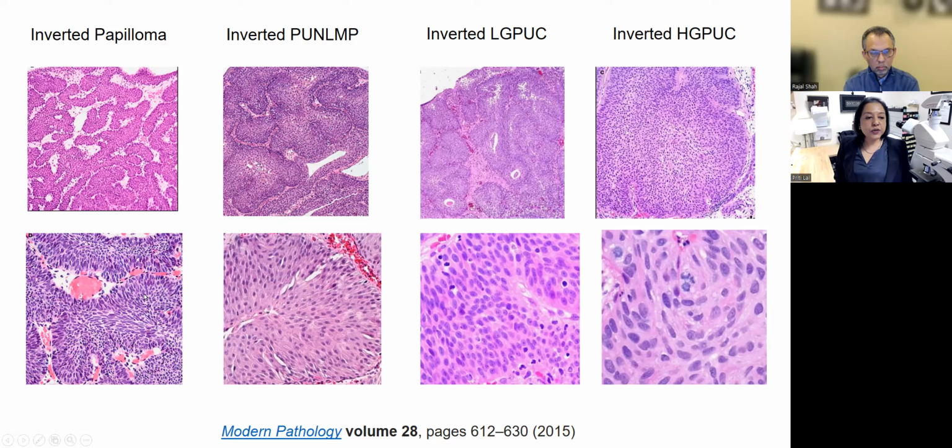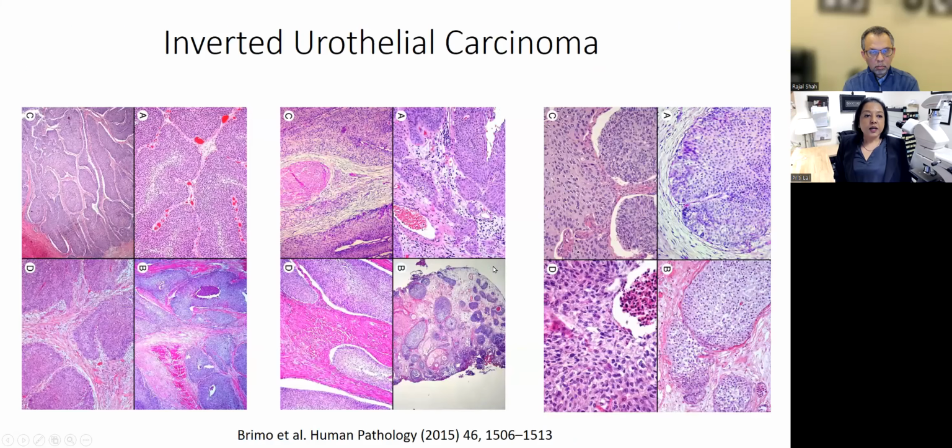So one needs to recognize that inverted growth pattern is not only seen in inverted papilloma, but in malignant entities as well. We also went over some innocuous looking aggressive growth, which is the large nested variant, for example, shown here, that should not be confused with a nested pattern of growth.